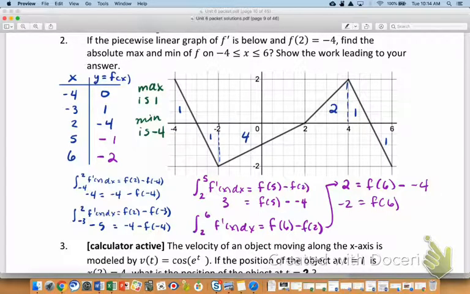Let me ask you guys a question just to make sure you're understanding. I'm going to pick out a random integral here. If I highlighted this one right here, can you explain why you should have picked the 2 and the 5 for the limits of integration? Because the 2 is already given, so we know that, and the 5 is 1.5.